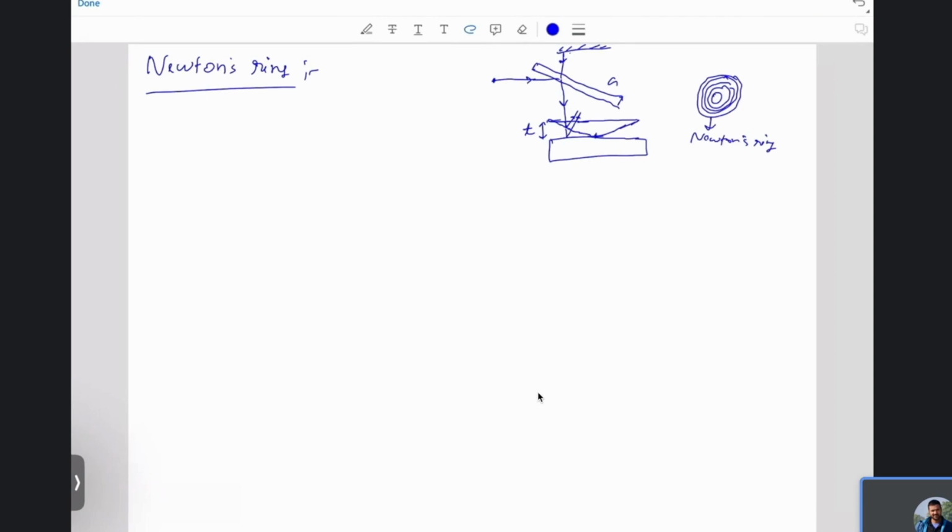So the mth ring will have the radius Rm.